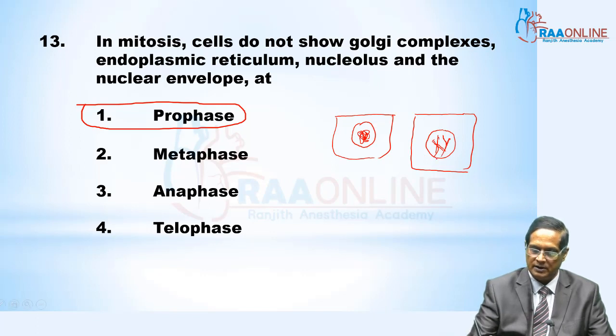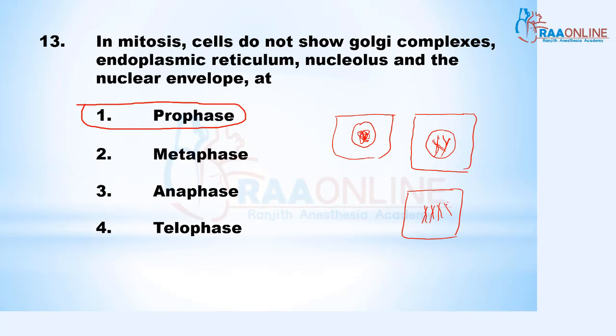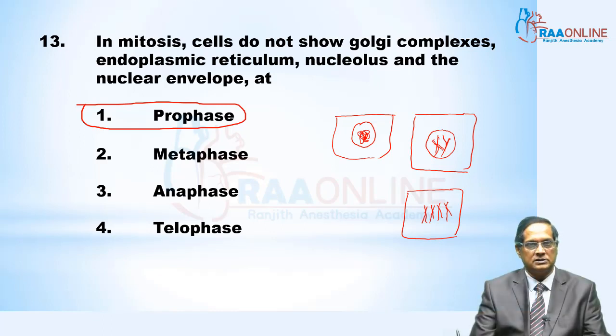Chromosomes are now very clear. Nuclear membrane, nucleolus, Golgi body and ER are not visible at the end of prophase, and spindle formation starts from late prophase.